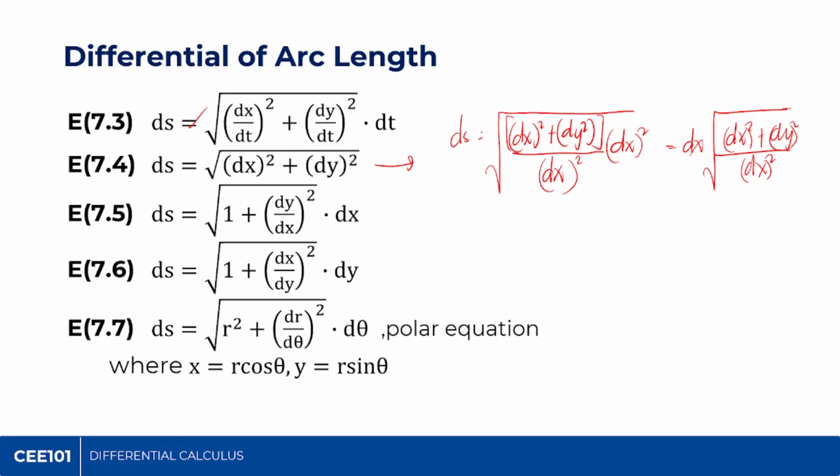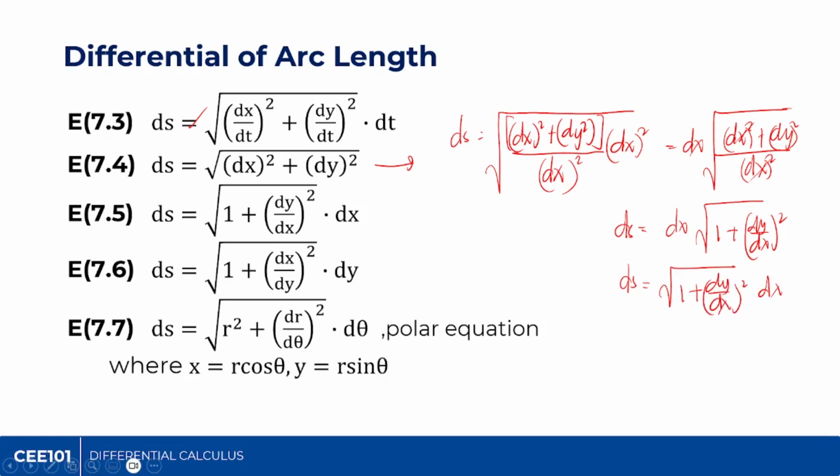So this one, makancel yan. What happens is ds would be equivalent to the square root of 1 plus dy over dx, squared, multiplied by dx. So another form of the differential of arc length would be the square root of 1 plus dy over dx squared, then multiply it by dx, nasa labas ng square root. Okay?